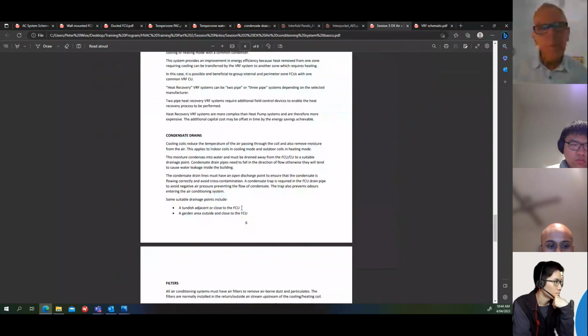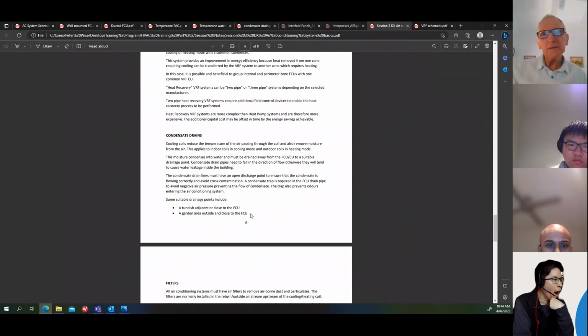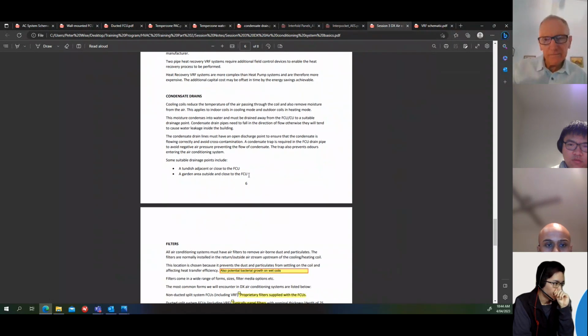That's ideal, because then the worry of getting the water out is not your problem anymore. It's the hydraulics contractor who has to find a drain for it. We might be able to get outside the building to a garden area or something like that. Or you might be able to go to a kitchen area and get a tundish in a kitchen or something where you can drain to.